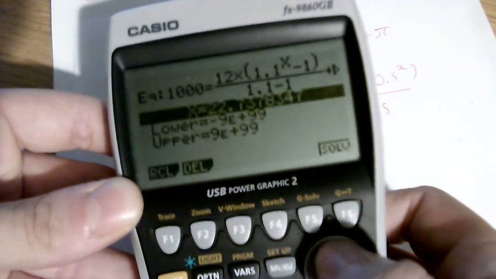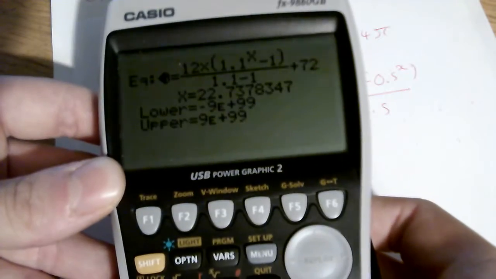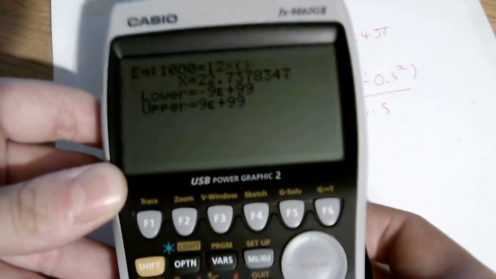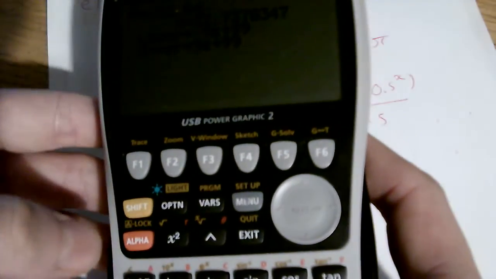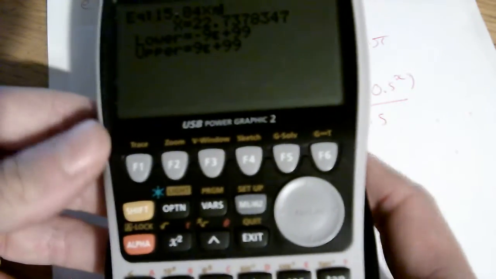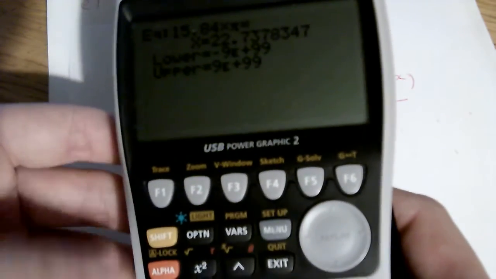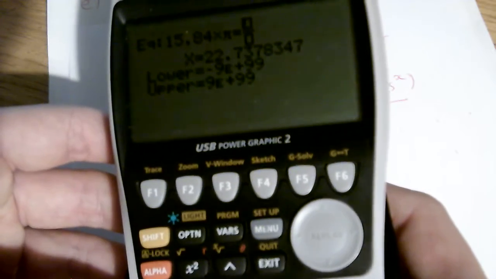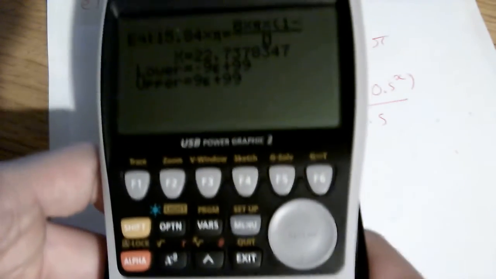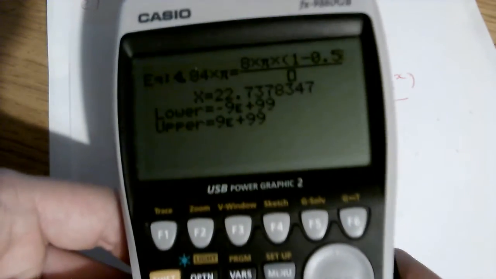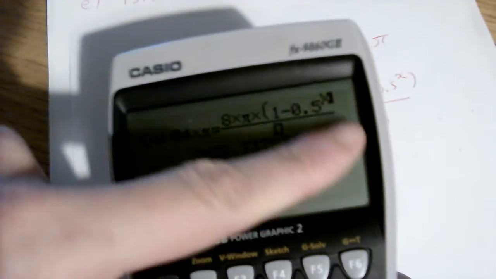So again, on the equation solver, let's type that in. 15.84 times pi, and that's going to equal, get the fraction, 8 times pi times bracket, and then we've got 1 minus 0.5 to the power of x. That's the bit we don't know.